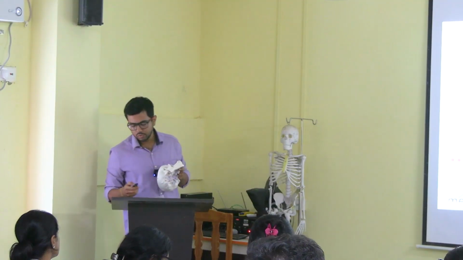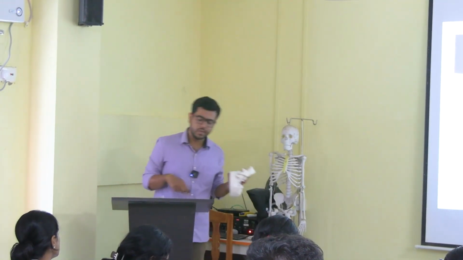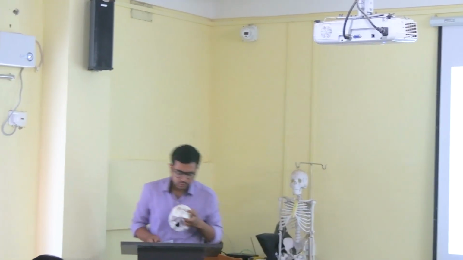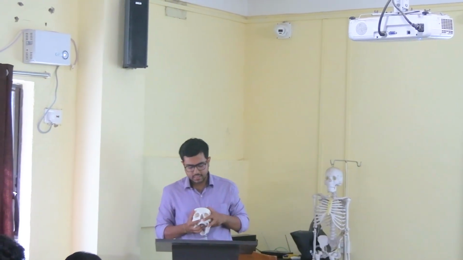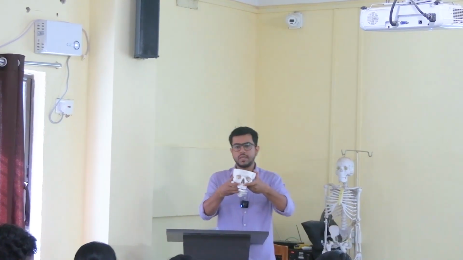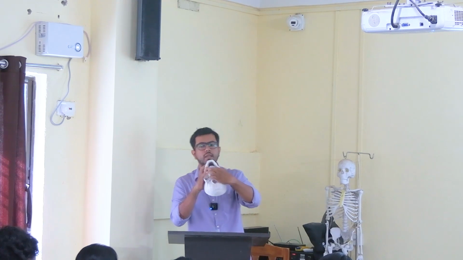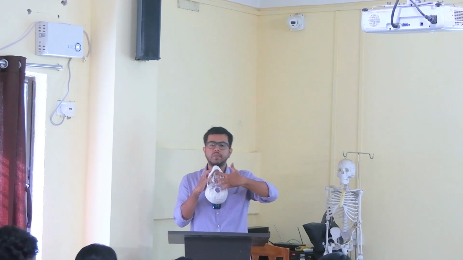Now, what are the bones that you see on the inferior aspect? The green one that you are seeing is the maxilla bone. The whole thing is the hard palate, but its anterior 2/3 is made up of maxilla.